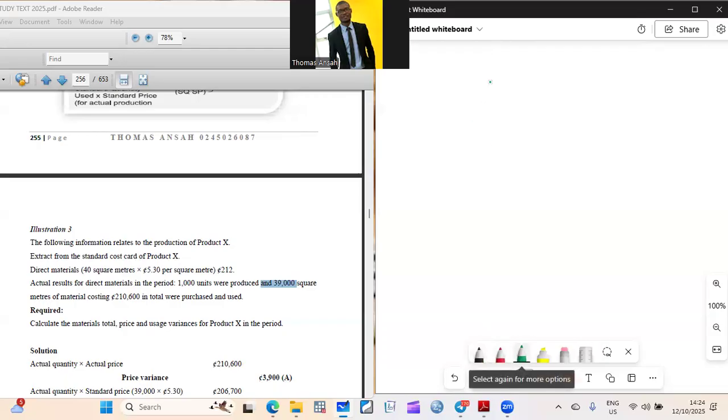So we said that material mix and yield is coming from the usage variance. If you listen to the example that I gave, it's like doing gari soaking, as we do in Ghana.